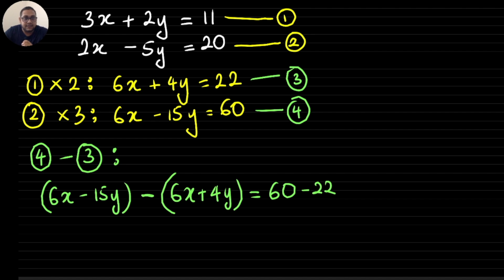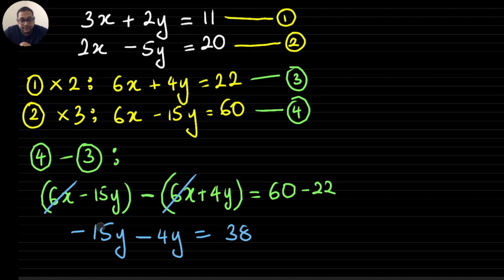I can now start with the simplification process. 6x would cancel off with negative 6x, and then we have negative 15y, minus negative multiplied by positive would result in negative 4y, equals 60 minus 22 would be 38.